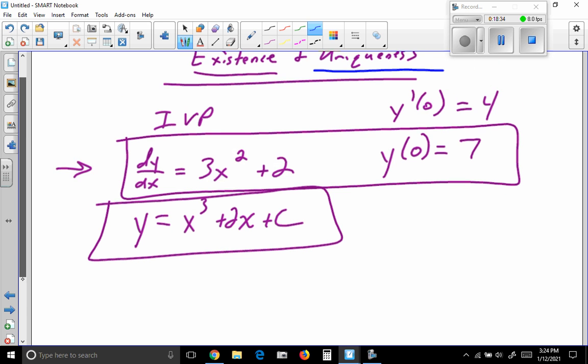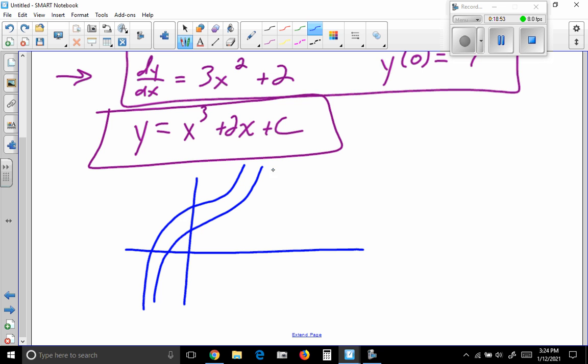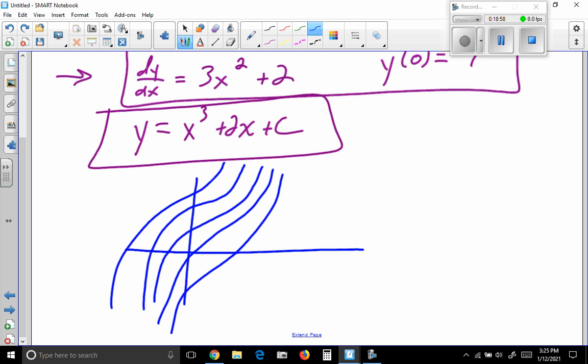So let's think about the example where, and I'm not going to draw it exactly to scale, but if we were to integrate and get a family of solutions, we might have something like this. So our curves would go like such. And then depending on what specific point we had to go through, that would dictate which solution we're referring to.